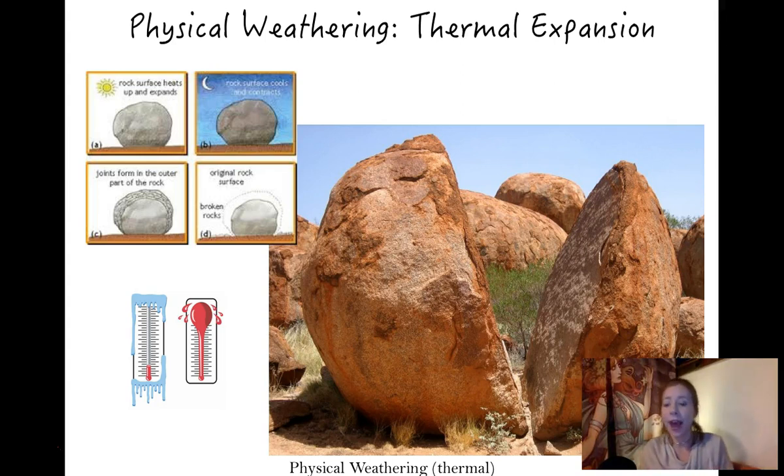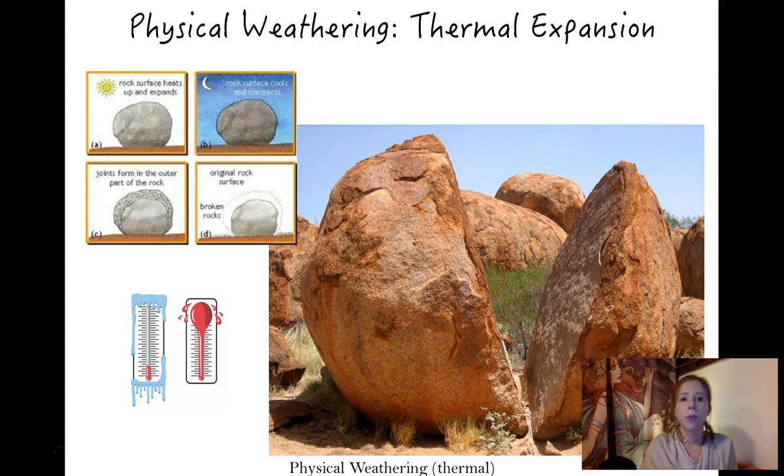And then we get thermal expansion. So this happens in areas where you get pretty big diurnal temperature shifts. Diurnal is just throughout the course of a day. And so like in the desert, it gets really warm during the day, and then it cools down drastically at nighttime.